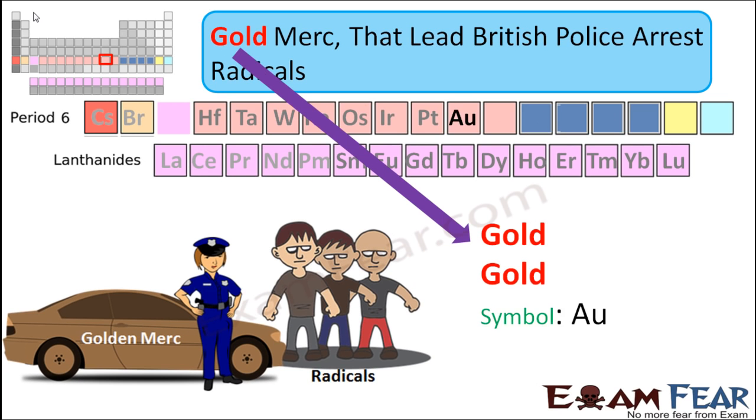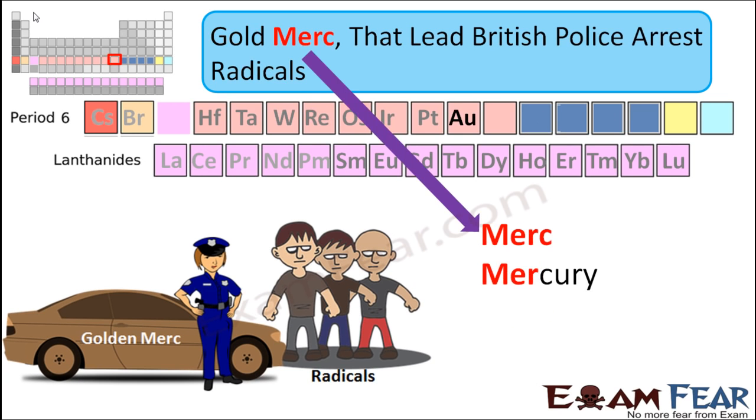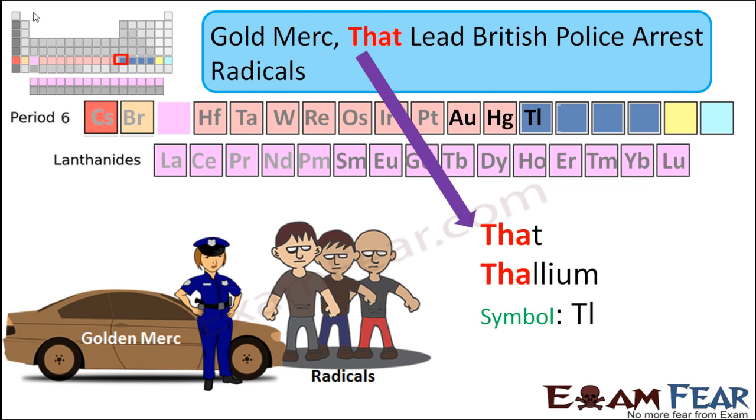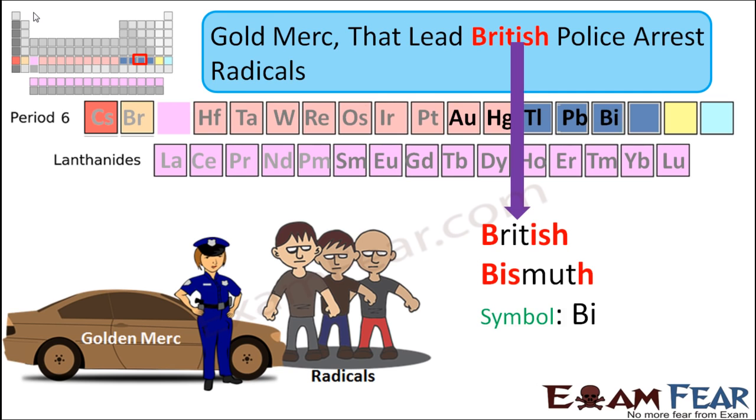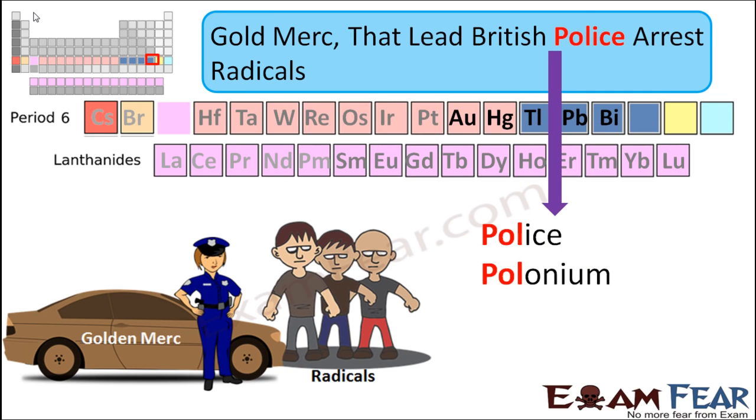So gold is of course gold. Murk reminds of mercury with symbol Hg. That reminds of thallium with symbol Tl. Lead is again lead. British reminds of bismuth with symbol Bi. Police reminds of polonium with symbol Po.